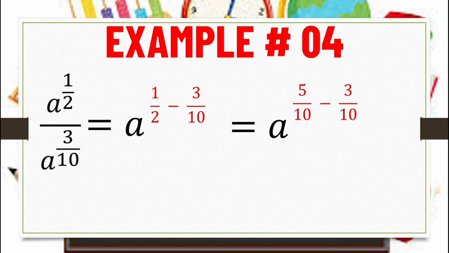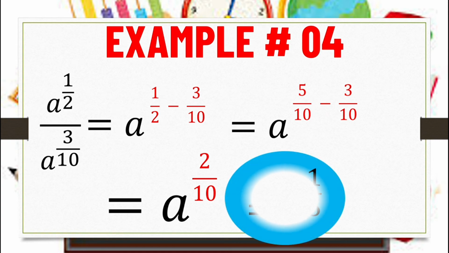Now we can subtract these two fractions, 5/10 minus 3/10, that leads us to a difference of 2/10. Just bear in mind as well that our fraction must be written in lowest terms. And 2/10 can be written as 1/5. So our final answer would be a raised to 1/5.